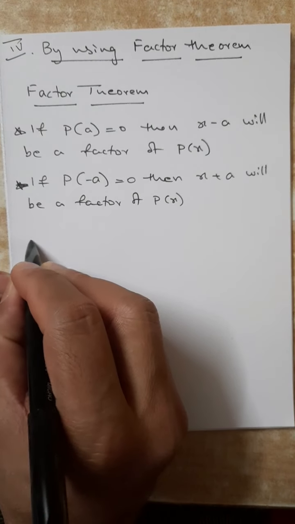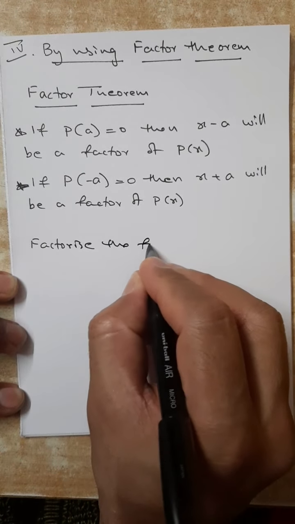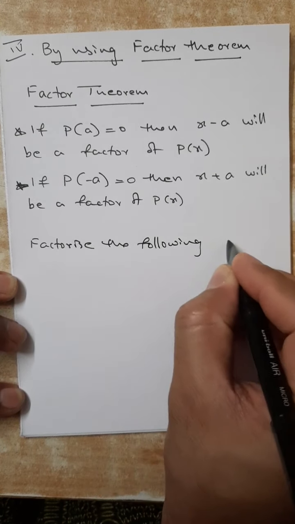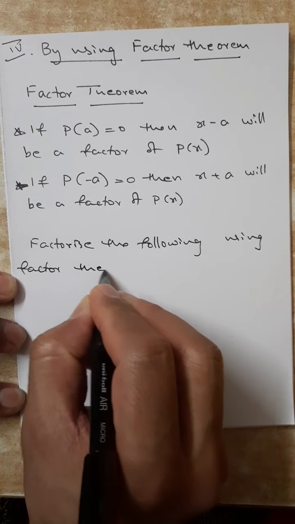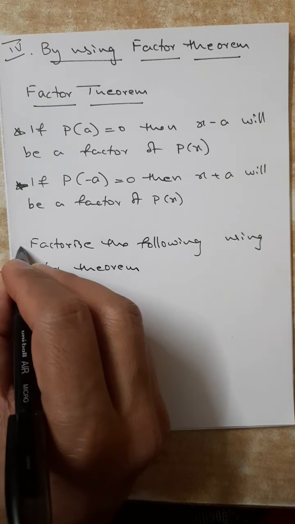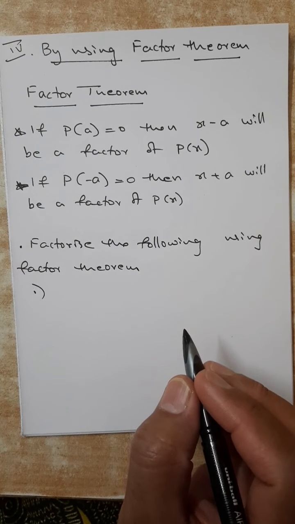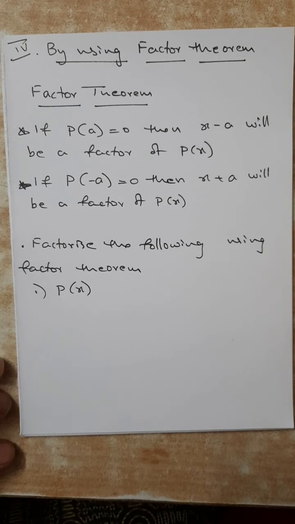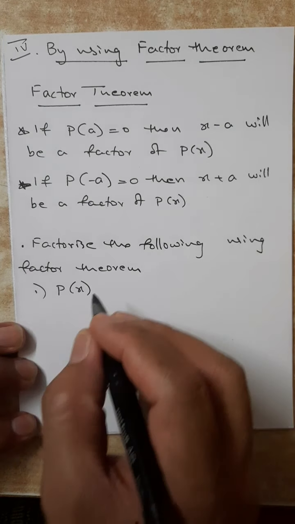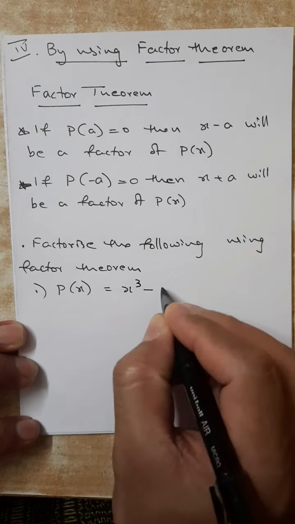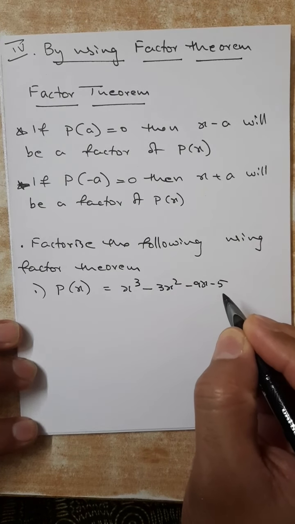Question is, factorize the following with the factor theorem. p of x is equal to x cube minus 3x square minus 9x minus 5.